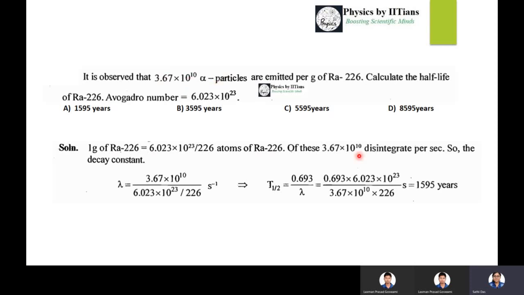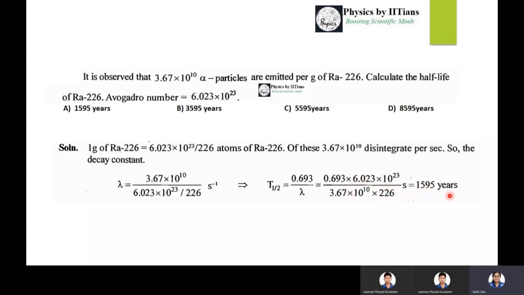It is observed here. So the decay constant lambda is 3.67 into 10 to the power 10 divided by 6.023 into 10 to the power 23 divided by 226 second inverse. So from lambda you can find out T half, that is the half-life, that is 0.693 by lambda, that is 0.693 into 6.023 into 10 to the power 23 divided by 3.67 into 10 to the power 10 into 226.